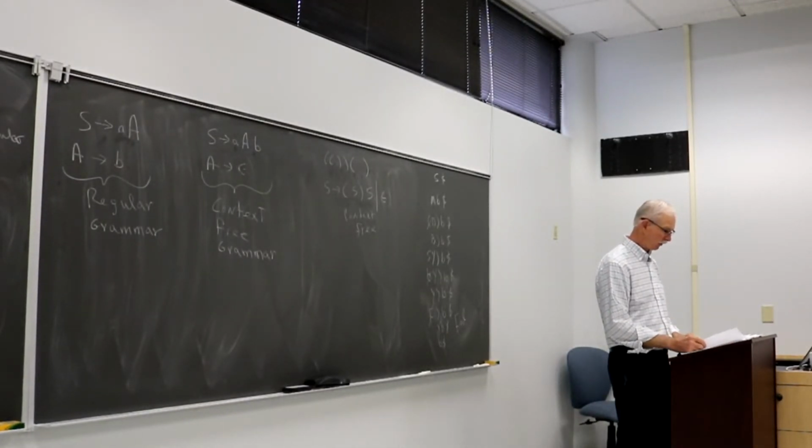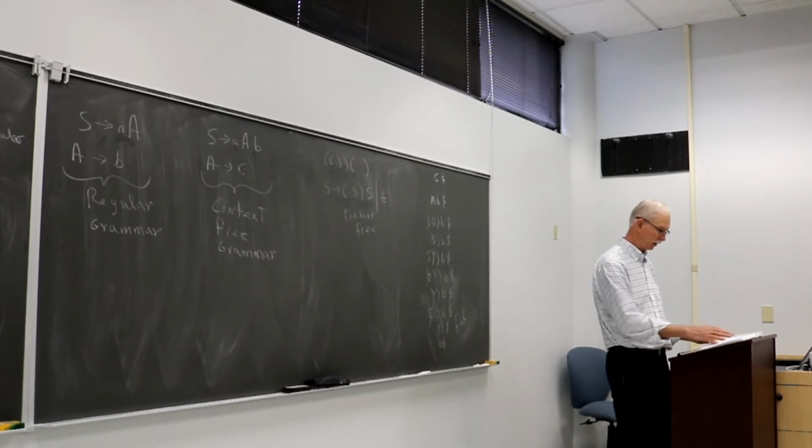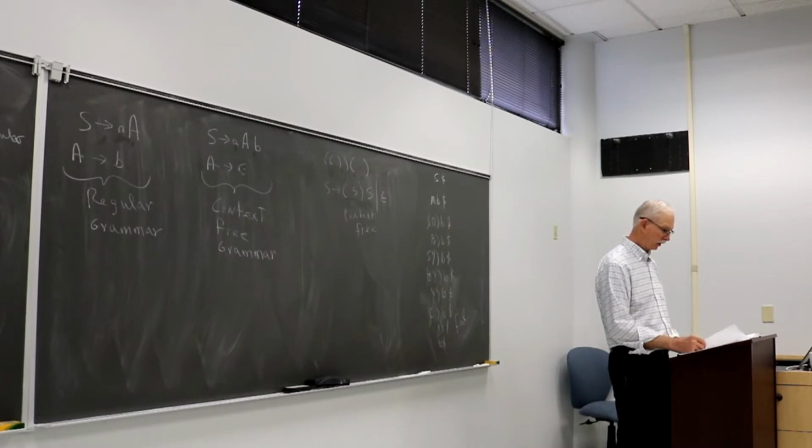So question 5 is do first and follow of a relatively complex grammar. Question 6 is, is the following grammar ambiguous? Question 7 is construct a context-free grammar that does something. Question 8 is, given the following grammar, make it LL1.